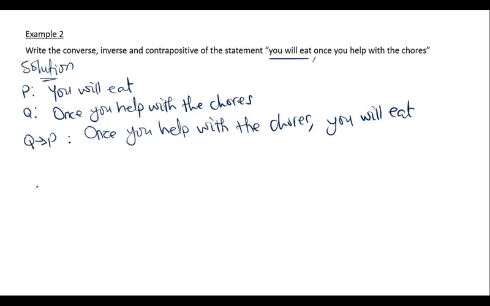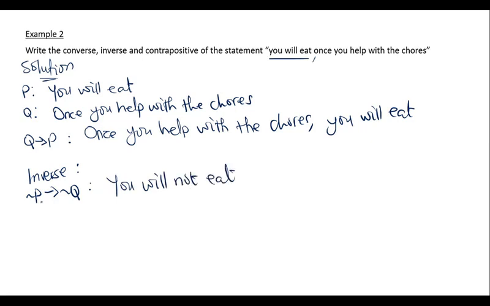Now, sorry, the inverse. For the inverse, we know we are bringing what? Negation of P implies negation of Q. That is the inverse of the original statement. And then it will say, you will not eat if you do not help with the chores.